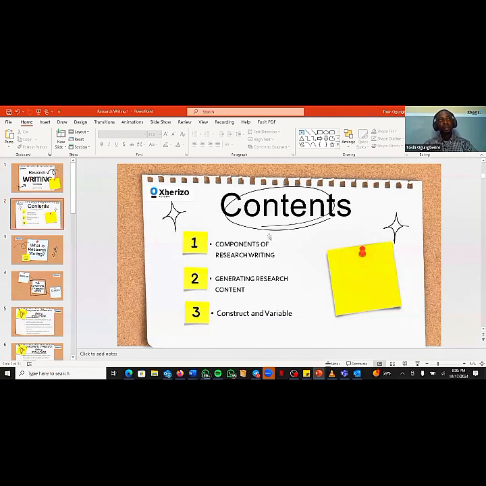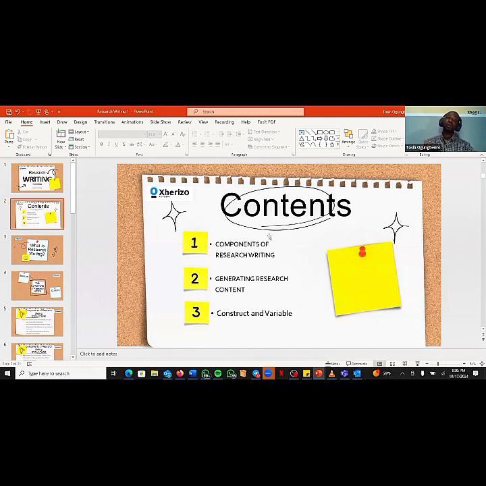Research is categorized as academic writing. The major difference between academic writing and non-academic writing is it has a specific way it ought to look like. It has its own specific components, you know.